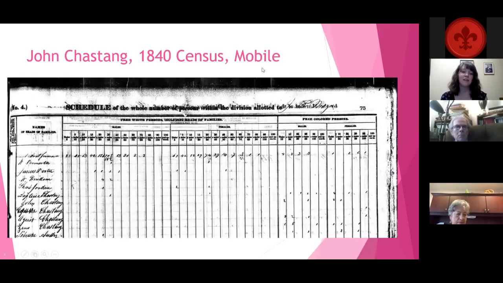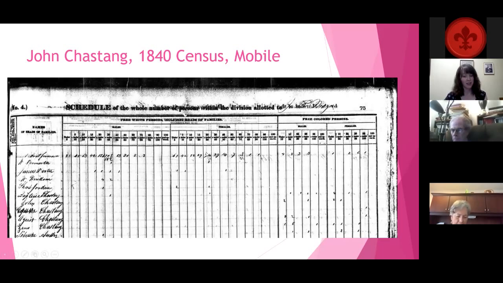Here's an example of the 1840 census. For example, here's John Chastain, and all we know about him from this is that his family were free colored persons. There were 2 males under 10, 1 male between 36 and 55 or 56, 2 females under 10, and then 1 female between 10 and 24.